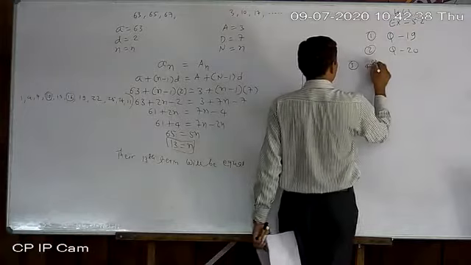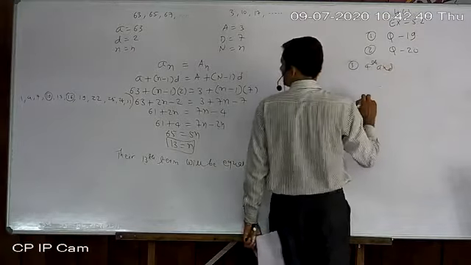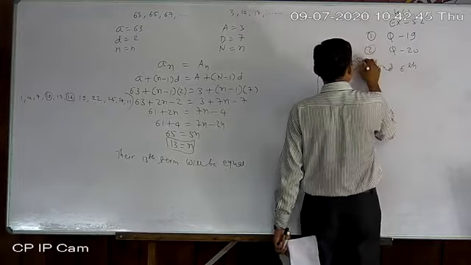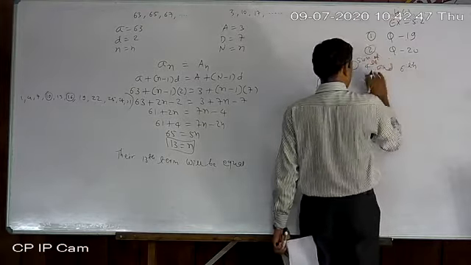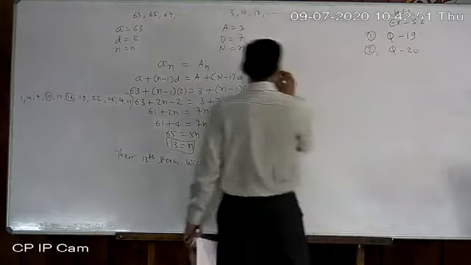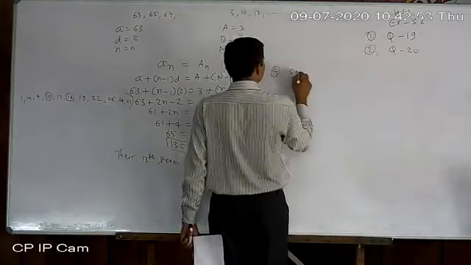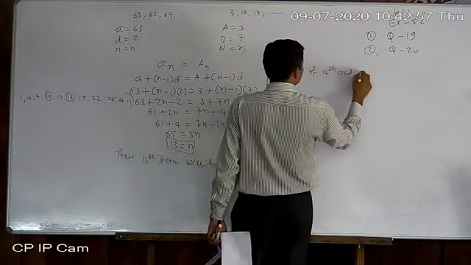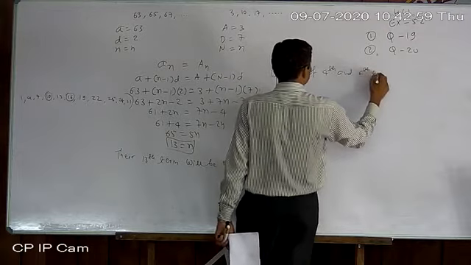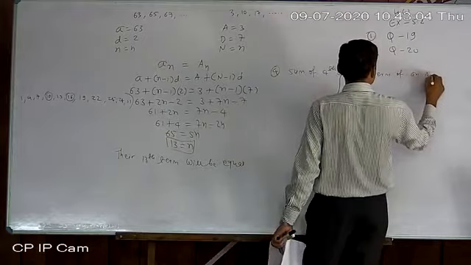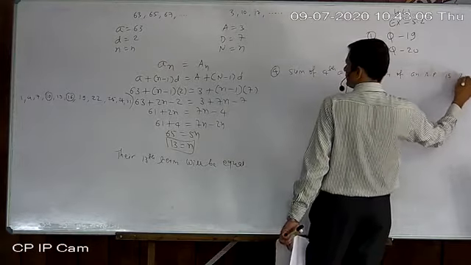The sum of the fourth and sixth terms of an AP is 26.